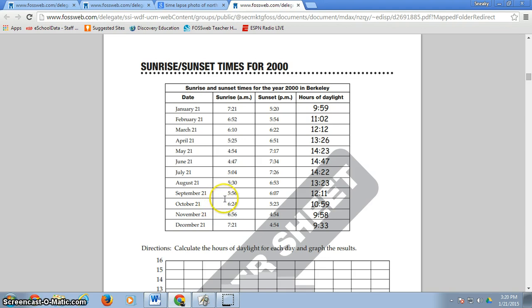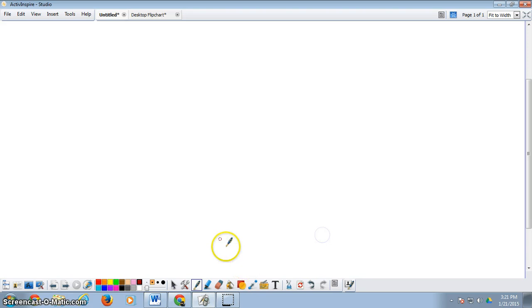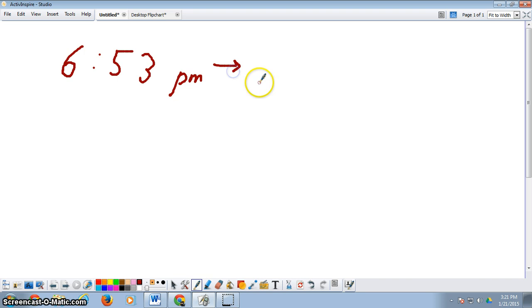Let's try one more, and for this one we're going to use military time. So for this, let's do August. Okay, for August, when we work in military time, we have an initial sunset time of 6:53, and that's PM, which is going to convert into 18:53.